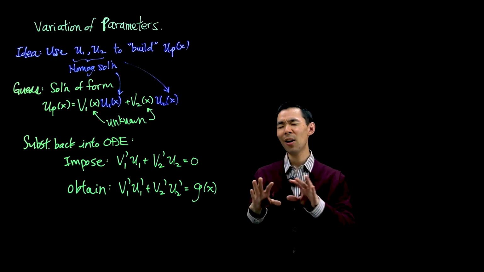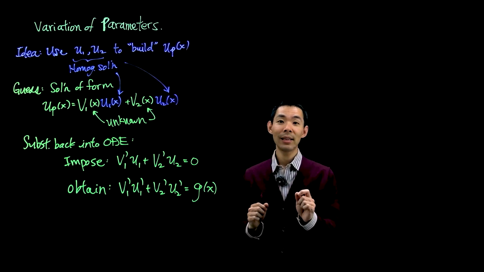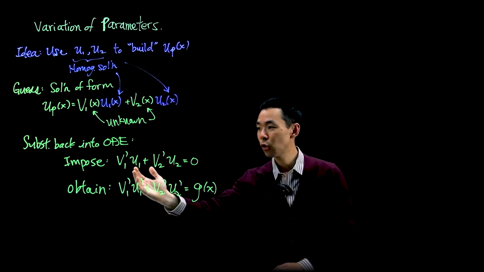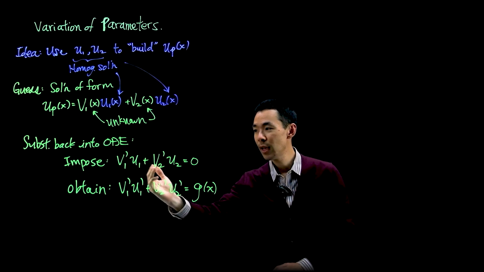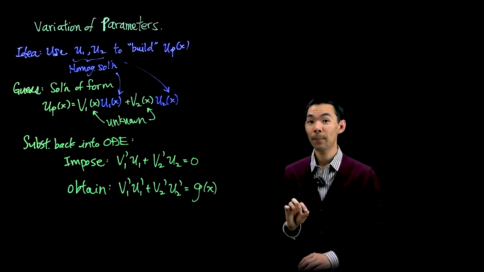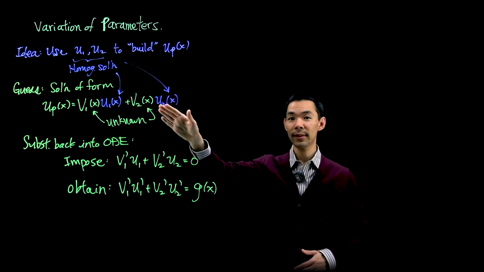Now, you're going to get a long and ugly mess of an equation that I'm not going to write down, but we're going to have to impose one condition, which is that the derivative of your v functions multiplied by u1 and u2, this must be equal to 0. It's a condition that we are imposing on top of this guess.